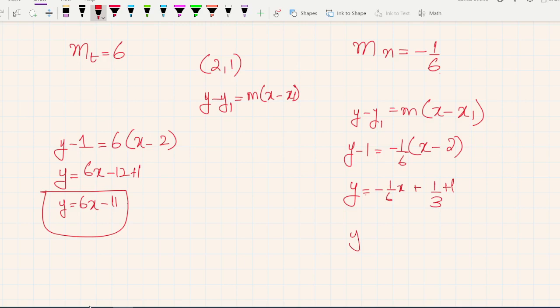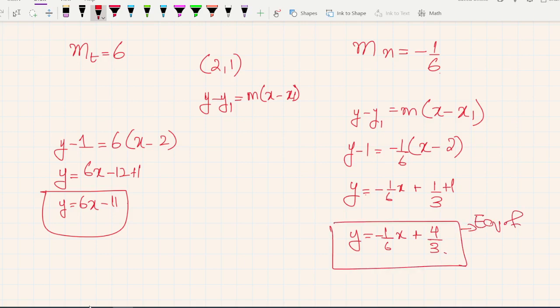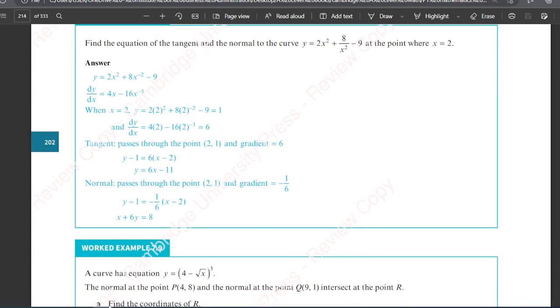What is 1 by 3 plus 1? I guess it's 4 by 3. So this is the equation of normal, and this is the equation of tangent, right? I hope you get this.